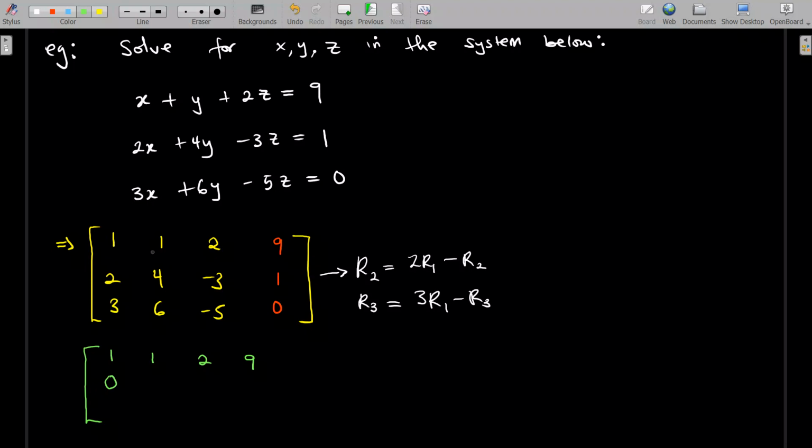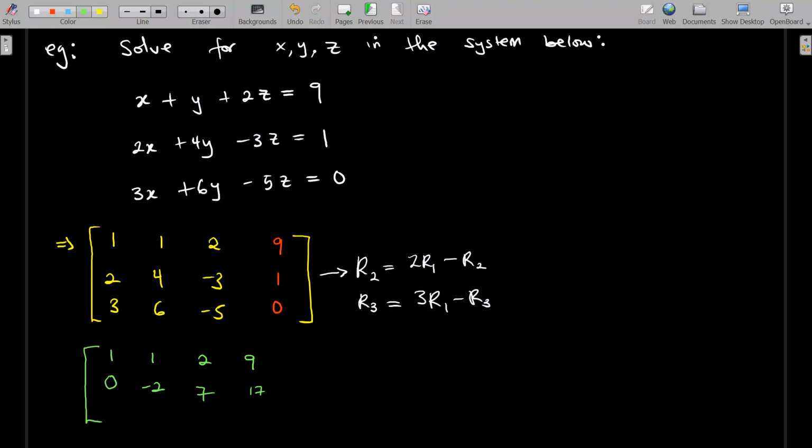Now 2 times this 1 is 2, minus this 4 is going to give me -2, and then 2 times 2 is 4 minus -3, and that's going to give me 7, and 2 times 9 is 18, minus 1 is 17.